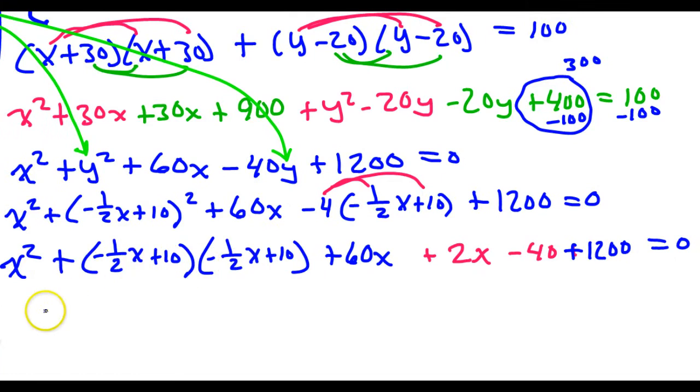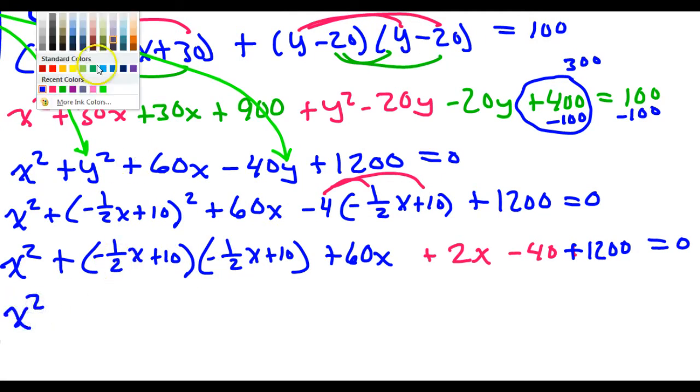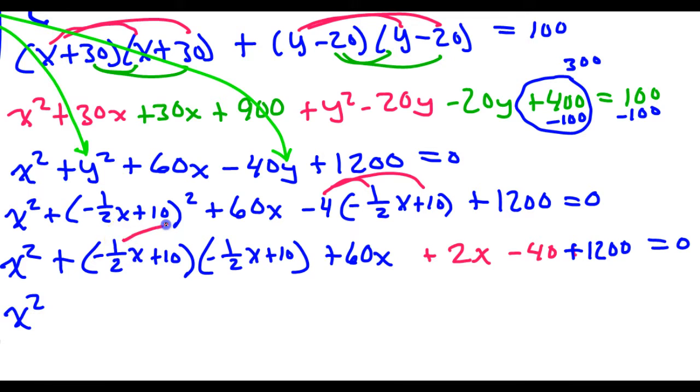Okay, so back here, I'm definitely going to bring down my x squared, but time for a double distributive property. So 1/2 times 1/2 is 1/4. Negative times negative is a positive, so this will be 1/4 x squared. And then half of 10 is 5.